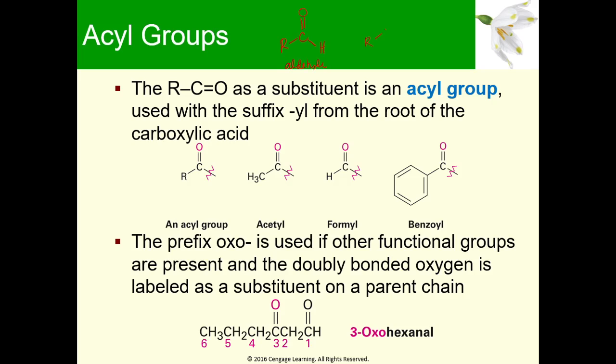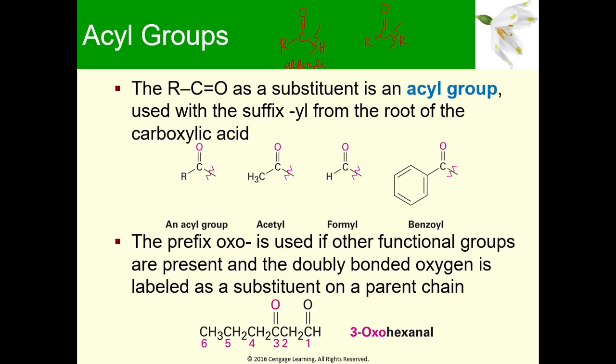But if this is an RCOR, this part we can remove. So you will only be left with RC double bond O, and here you remove the R group. So it will also become RC double bond O.